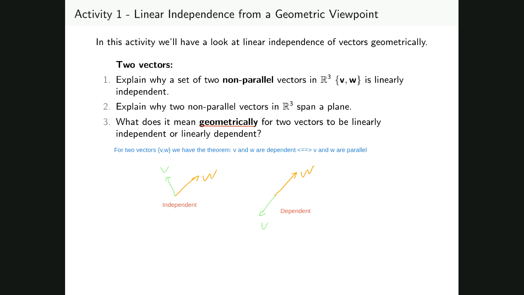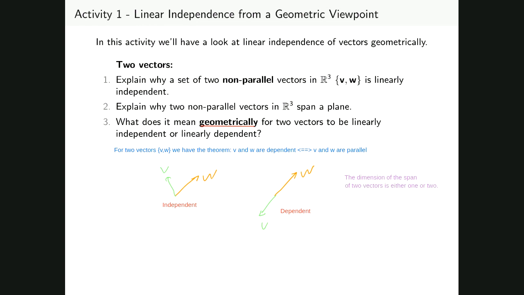Okay, just a bit of an observation that I want to make here on the side, that what's really going on here is a fact about dimension. Right, so notice that the dimension of the span of two vectors is either 1 or 2.